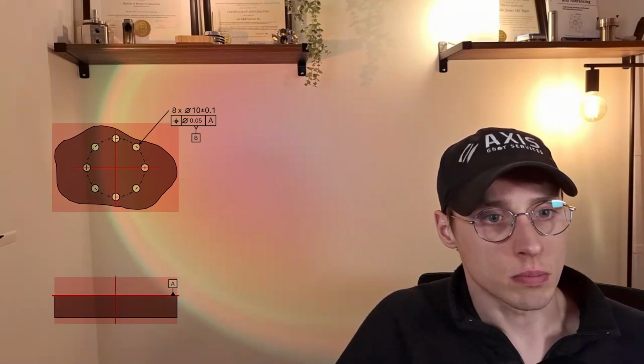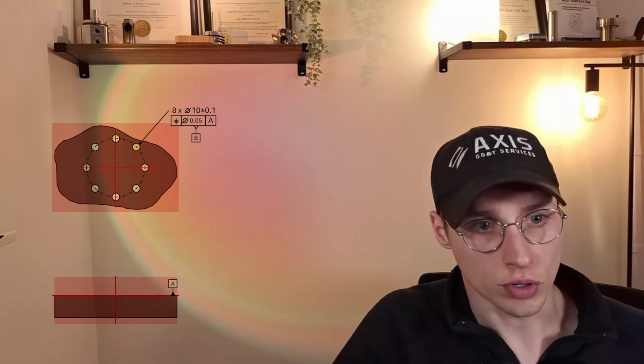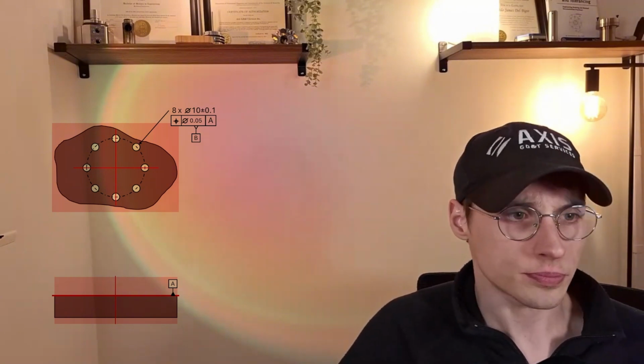I'll start a little bit simpler. I think for a pattern of holes that is used as a datum feature, especially if it's patterned about an axis, people are fairly comfortable using the center point of that pattern as the location for their 0, 0, and therefore their datum reference frame origin.